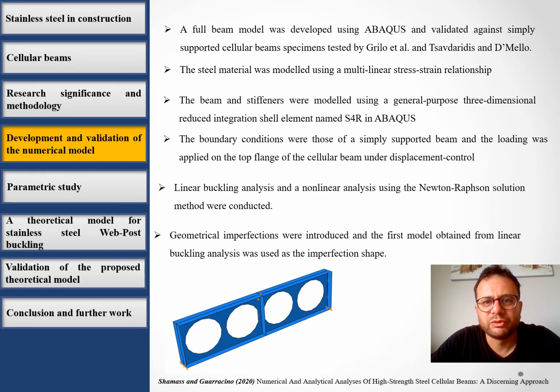The steel material was modeled with a multilinear stress-strain relationship, meaning that strain hardening was considered, and the beam and stiffeners were modeled using the shell element S4R in Abaqus. The boundary conditions were considered simply supported, similar to the experimental investigation, and the point load was applied on the top of the beam in displacement control mode. Both linear and nonlinear analyses were considered. Linear buckling analysis is used in order to introduce imperfection in the model.